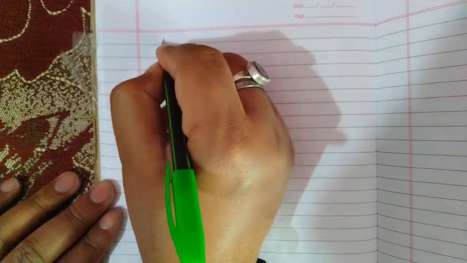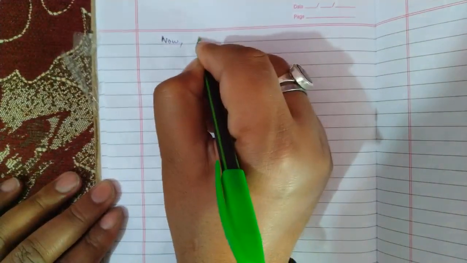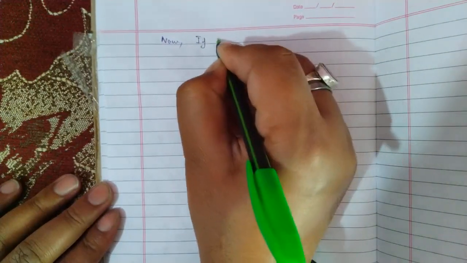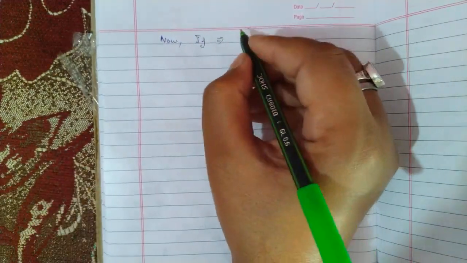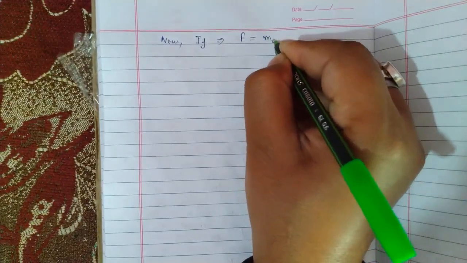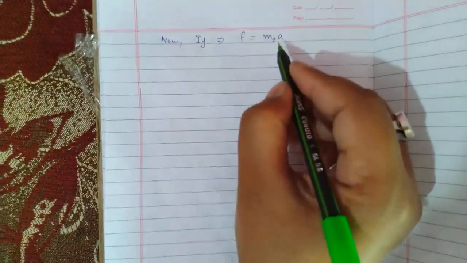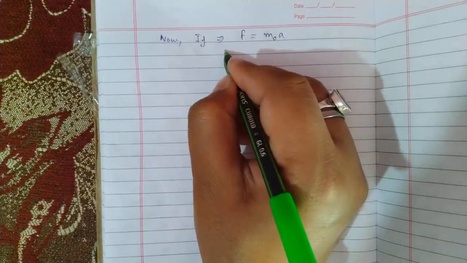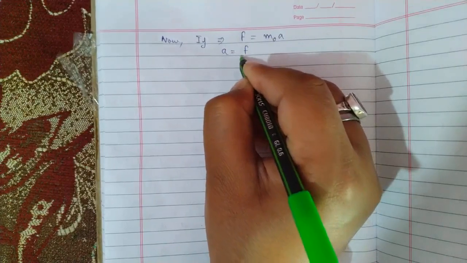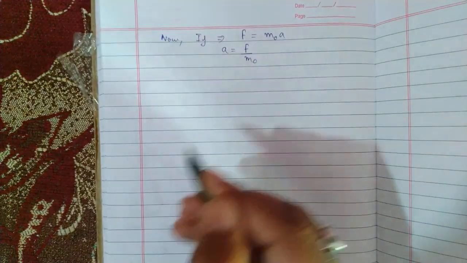now we can say the force is equal to m naught a, and therefore the value of acceleration is equal to f upon m naught.